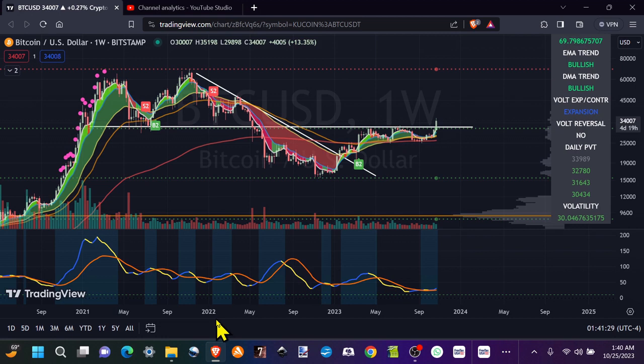But then again, if you think about it this way, if we're breaking out into a bull market under low volume, and then we have BlackRock's ETF approval coming, along with Vanguard and the others that will bring a lot of money into the market, that's going to really skyrocket Bitcoin. That's really going to push it much, much higher.